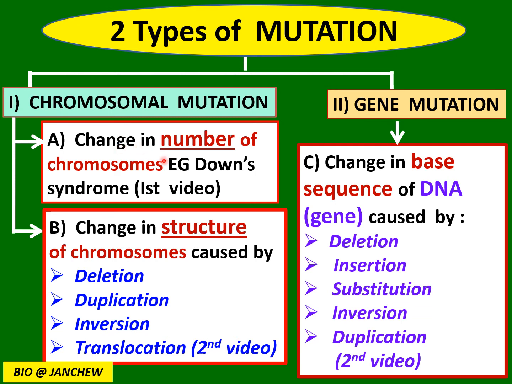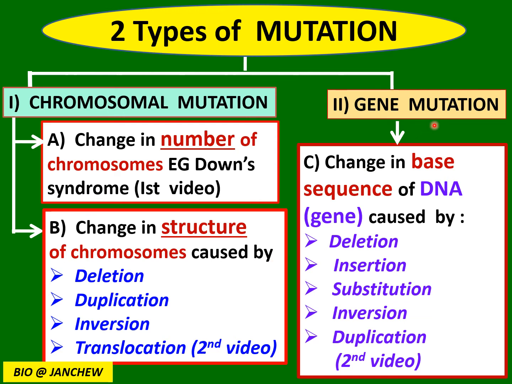Firstly, change in the number of chromosomes that lead to formation of Down syndrome patient or Klinefelter's syndrome or Turner's syndrome patient. And the second type of chromosomal mutation involves changes in the structure of chromosomes caused by deletion occurring in the chromosomes, duplication, inversion, and translocation.